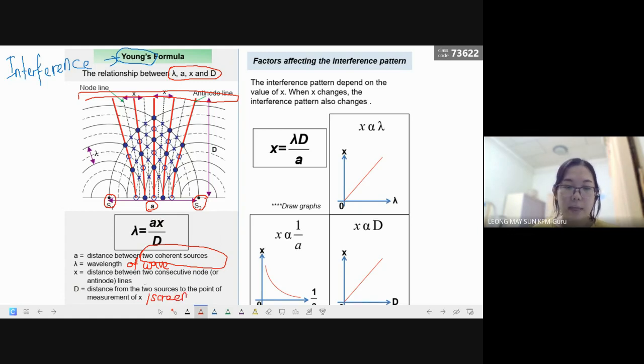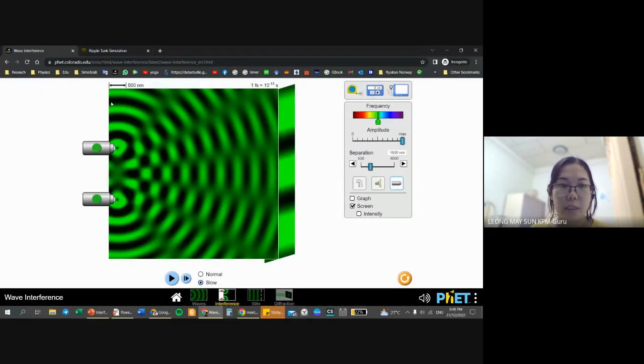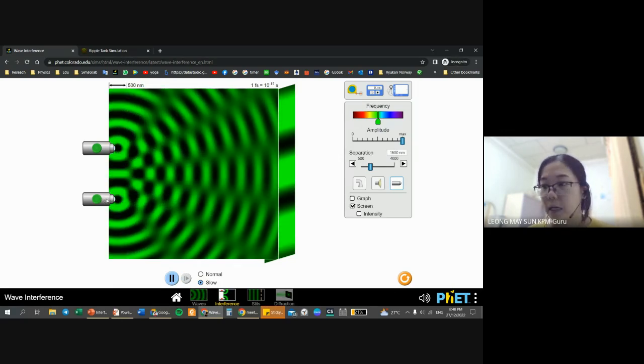So let's have a look over here at the simulation. We have lambda equals to ax over D. Let's go back to the simulation. Here, we have these two sources. This is actually our a, the distance between two sources, because this is where the source of the first light and the source of the second light wave occur.